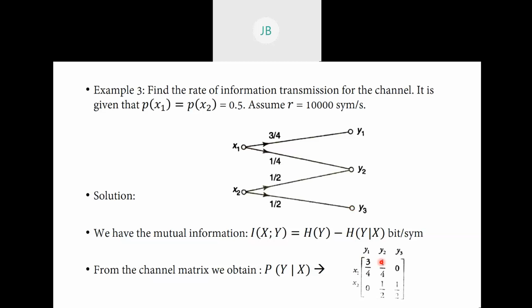Similarly for x2, x2 to y1 is 0, there is no connection from x2 to y1. And x2 to y2 is half, x2 to y3 is also half.